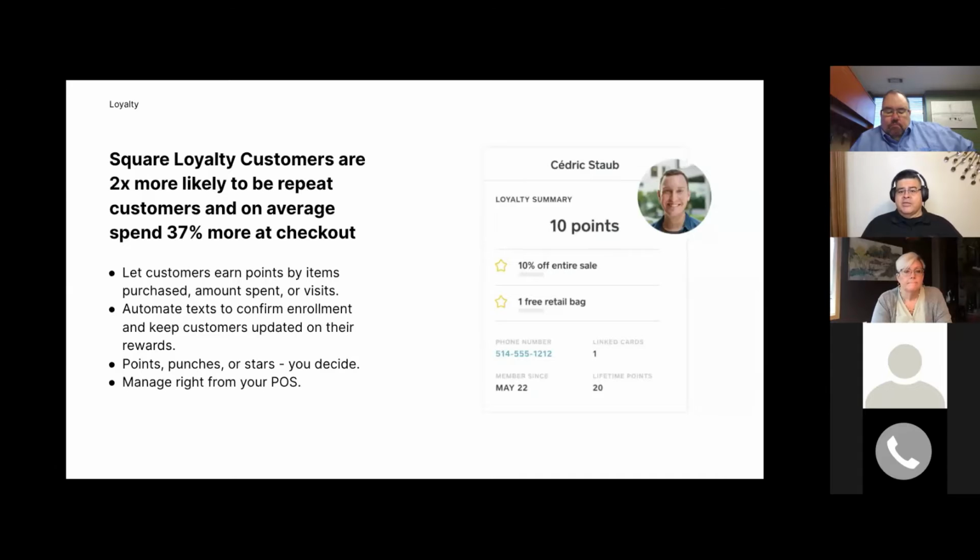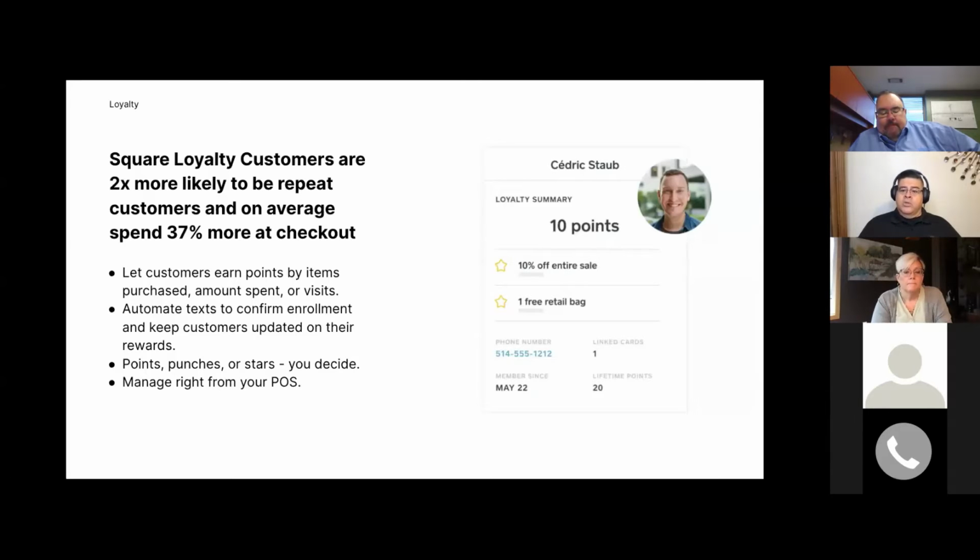And we do that by thanking your customers with the loyalty program. Our data shows that loyalty customers are 2 times more likely to be repeat customers, and on average spend 37% more at checkout. Square Loyalty is built directly into the point of sale, so you can start easily. You don't need any new equipment, and you're not necessarily needing punch cards. It's all done digitally.